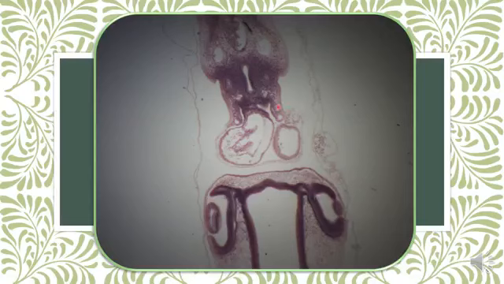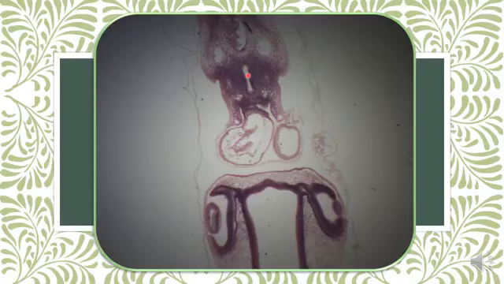Here in these sections, more caudally, you can see this is the dorsal aorta, lateral to the dorsal aorta, the cardinal vein on that side and on that side. Ventral to the dorsal aorta, the gut tube.